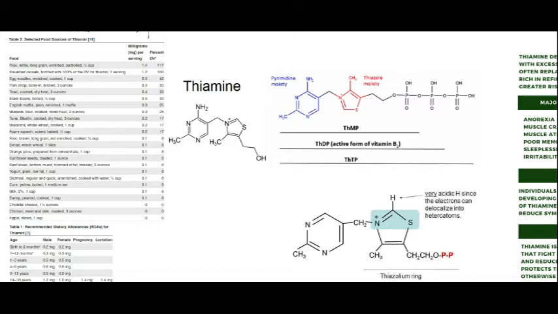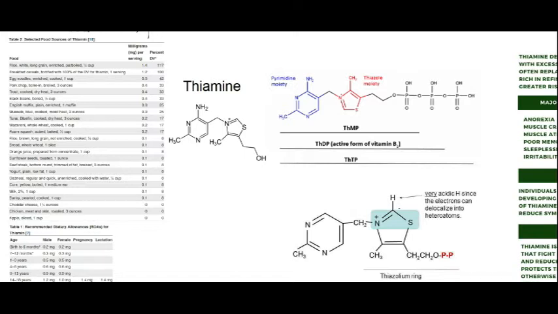And so down here, I just have this image showing that this H here is acidic. And so this H can come off, this hydrogen can come off, it can be deprotonated. And so this area right here is sort of the business end of this molecule, if you will.